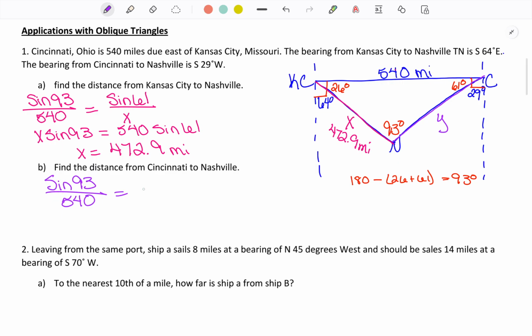So we could use the sine of 26 over y and then cross multiply. So we would have y times the sine of 93 equals 540 times the sine of 26. So when we divide, we should get 237 miles.